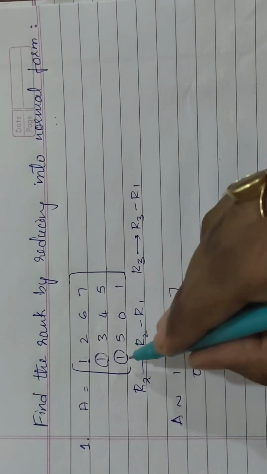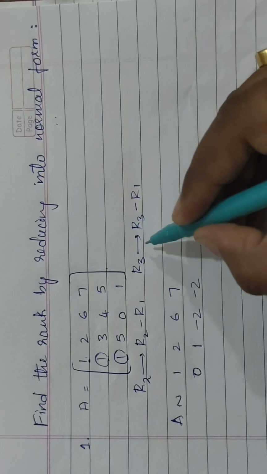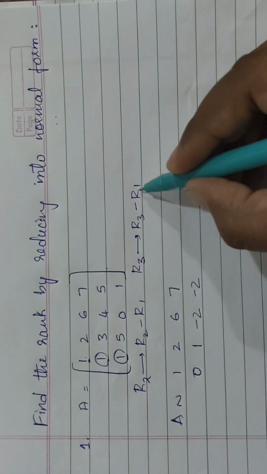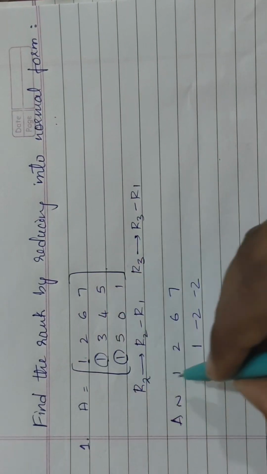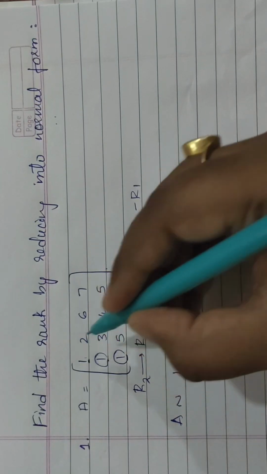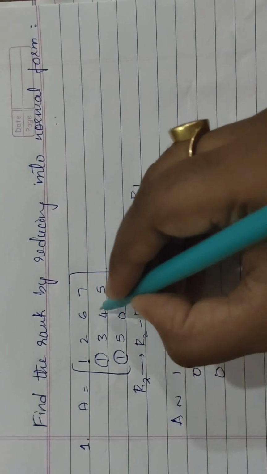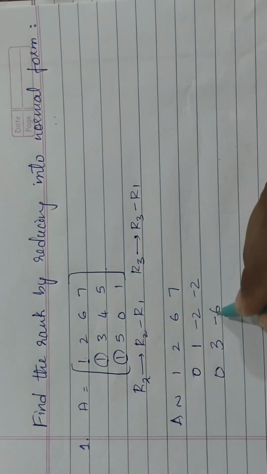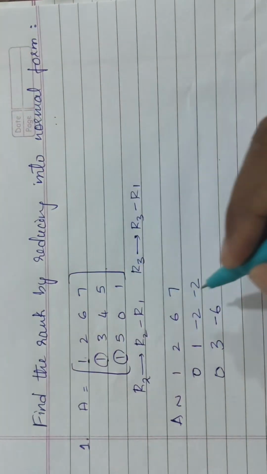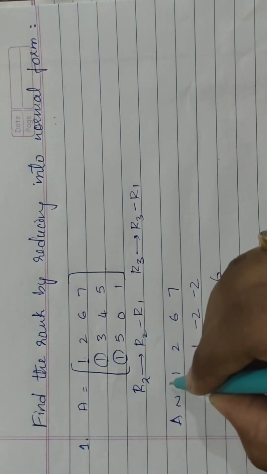For the third row the transformation is R3 minus R1, so it is 1 minus 1 is 0, 5 minus 2 is 3, 0 minus 6 is minus 6, 1 minus 7 is minus 6.